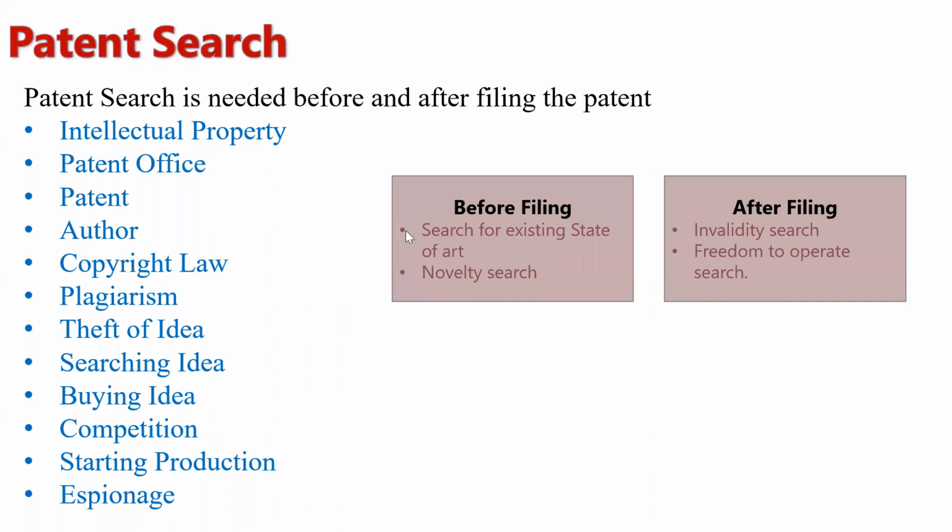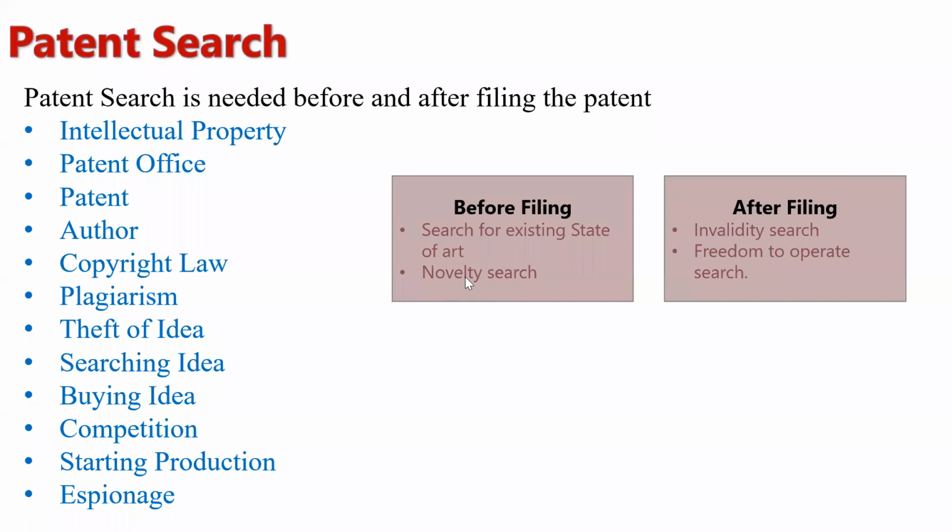Once you conduct this search, you will be exposed to all the relevant prior art that relates to your invention. This search will help you understand recent research and adjust accordingly. So this is a very helpful step. By your own, you can go to the website and see the existing state of art.